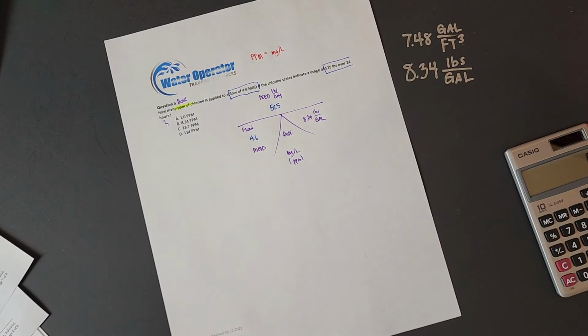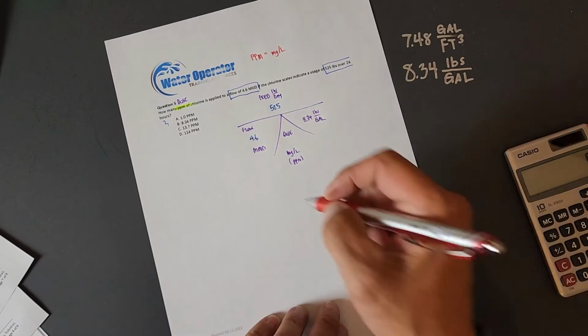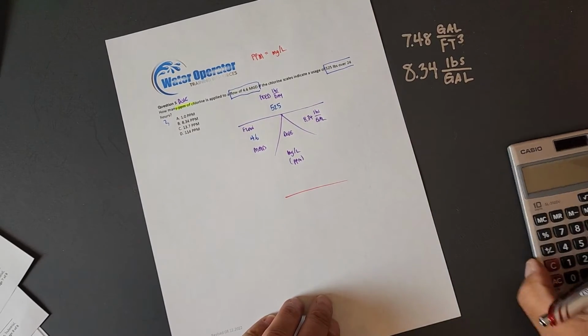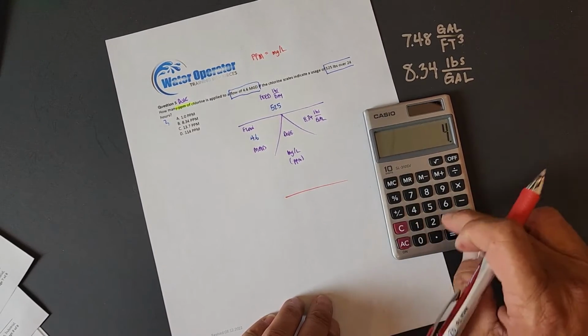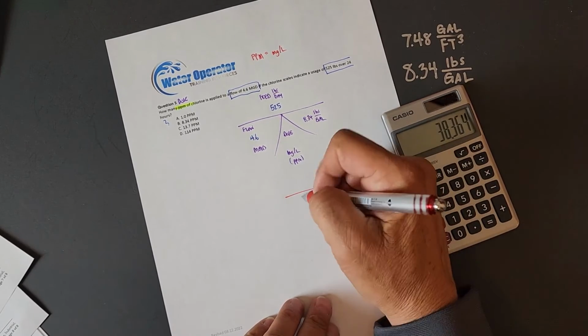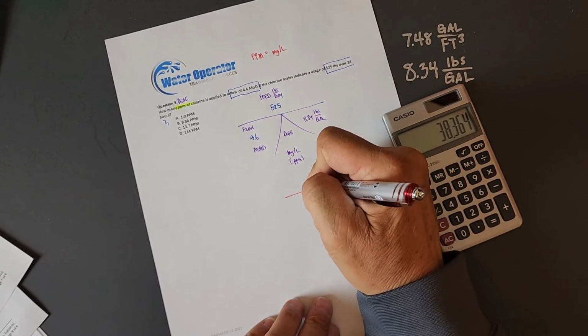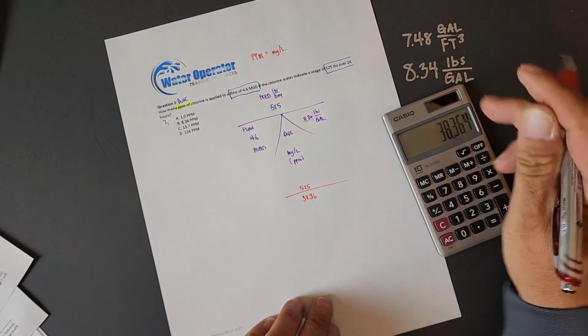Okay. So again, we're going to multiply 4.6 by 8.34. And it's going to give us 4.6 times 8.34, 38.36. We know we have 525.